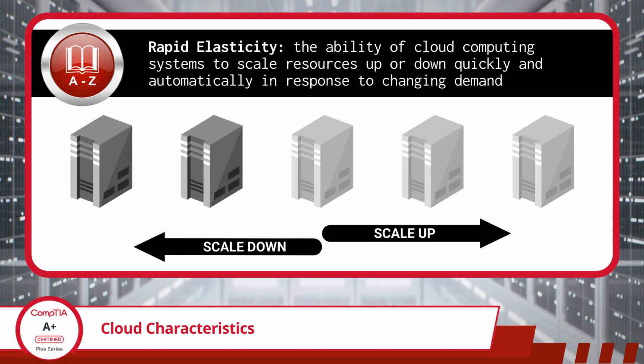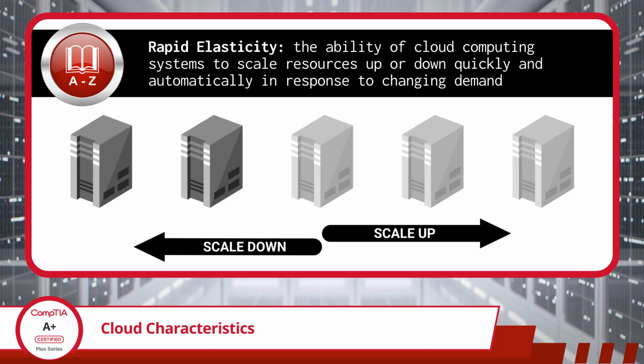Rapid elasticity is the ability of cloud computing systems to scale resources up or down quickly and automatically in response to changing demand. This scalability is often achieved through the dynamic provisioning and deprovisioning of resources. Cloud environments can rapidly scale resources to accommodate fluctuations in workload demand, such as adding resources during peak usage times and automatically removing them when the peak is over.